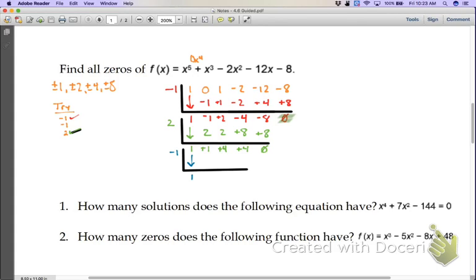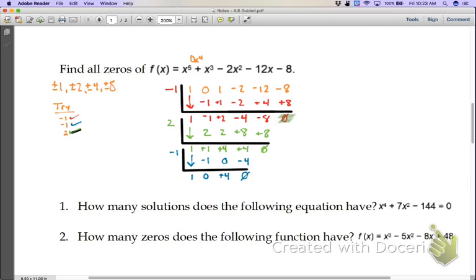I'm at 1, negative 1, there's 0, gives me 0, gives me positive 4, and then gives me negative 4, and I have a 0. Perfect. I have 3 of the solutions that I have. I saw the negative 1 twice. I saw the positive 2.